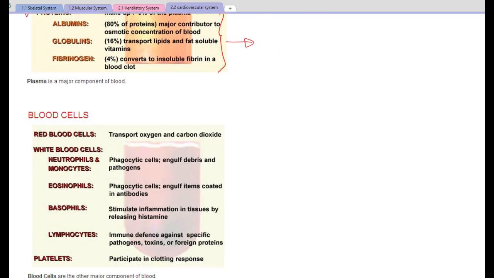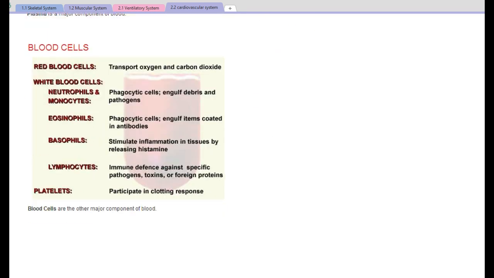Here looking at the blood cells, so our red blood cells being our erythrocytes, our white blood cells being our leukocytes. Our red blood cells, the main function for these is to transport oxygen and carbon dioxide.